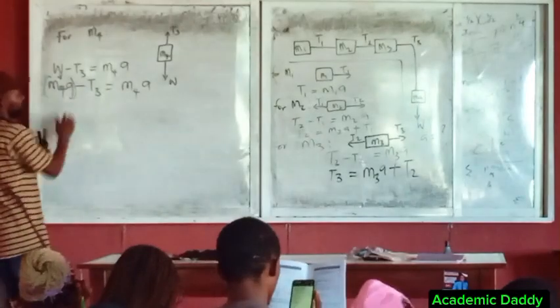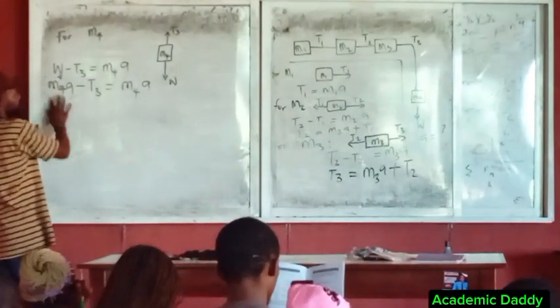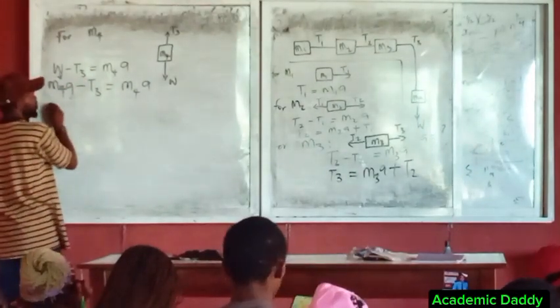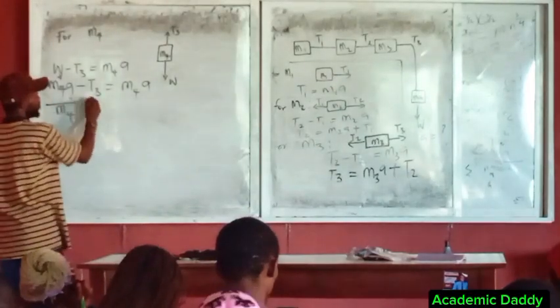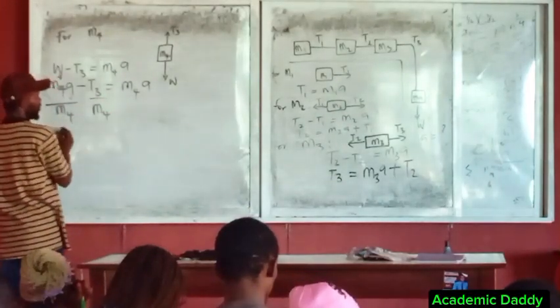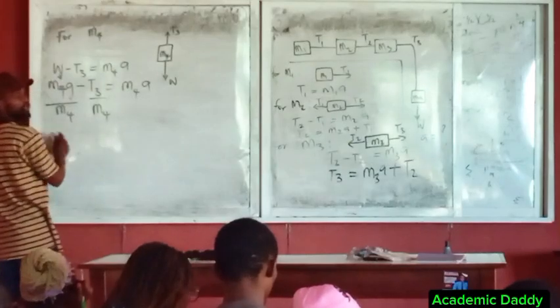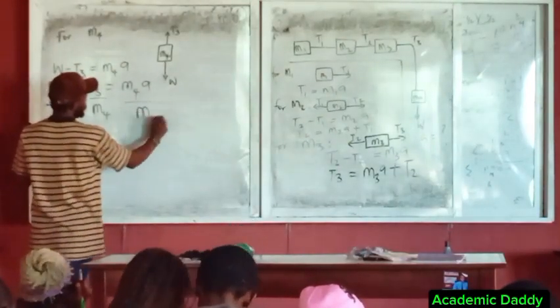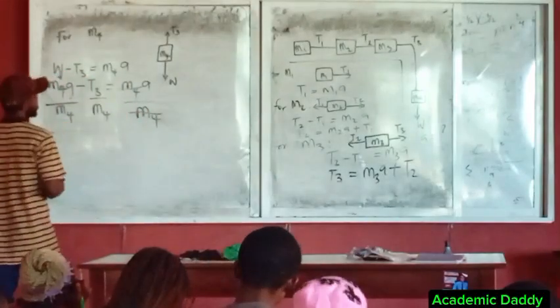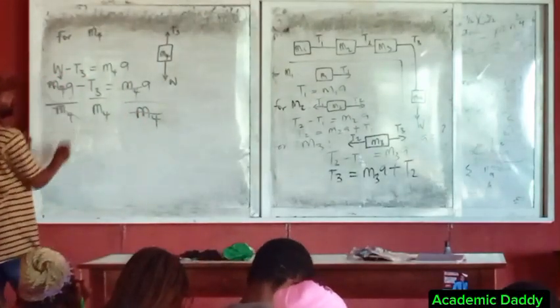By the time I make A the subject of the formula, I should divide both sides by the coefficient of A, which is M4. Hope you know that this is the same as the LCM being M4. So divided by M4, this will take care of this, and this will take care of this.